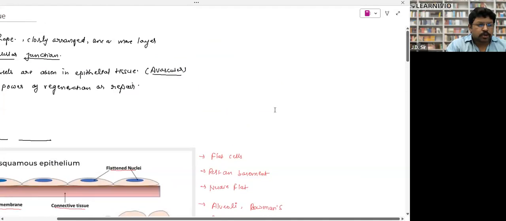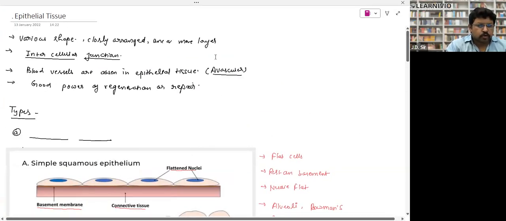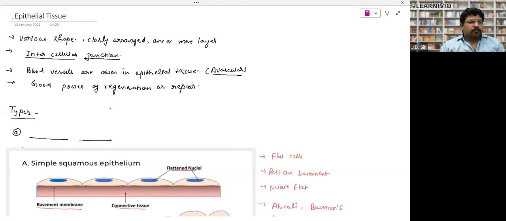Now the story starts from here. Epithelial tissue. So what are the properties of epithelial tissue? First, they have various shapes. They are closely arranged with one another, and there may be one or more layers. Generally there is one layer, but there may be one or more.